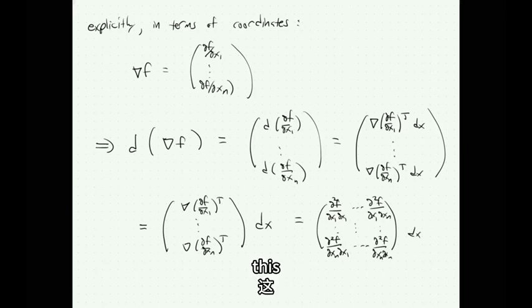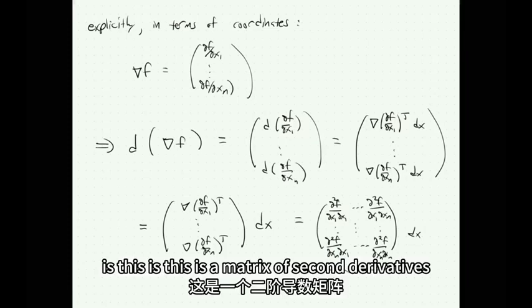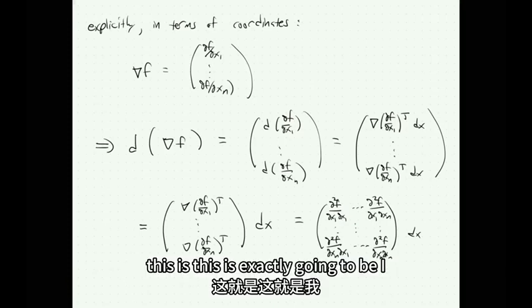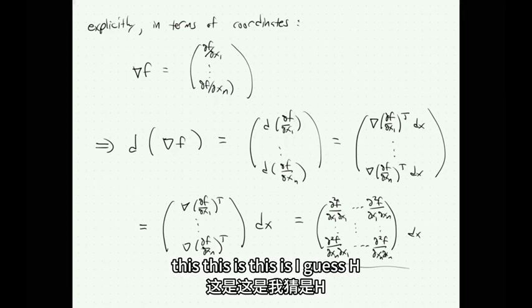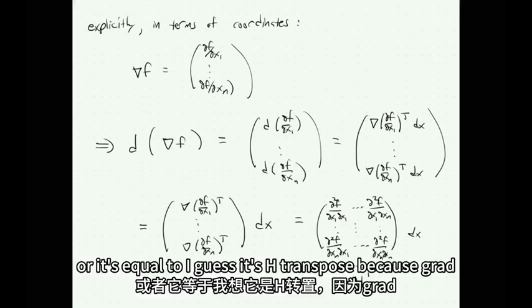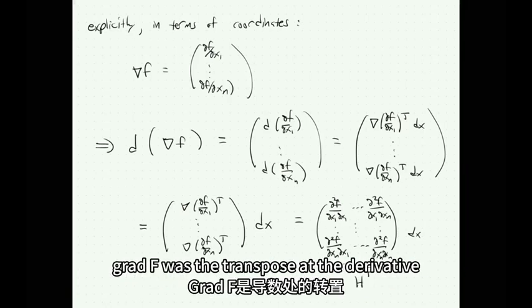And this is a matrix of second derivatives. This is I guess H transpose, because grad f was the transpose of the derivative, right?